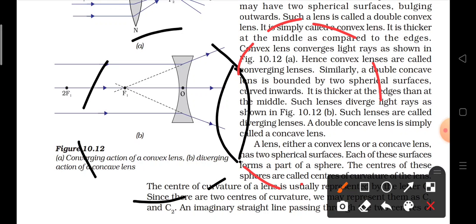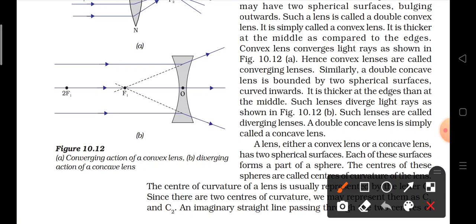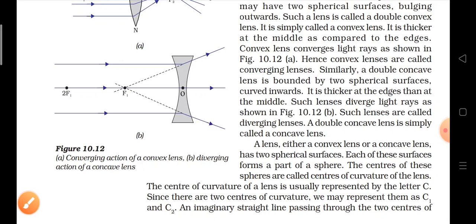They are both parts of an imaginary sphere, the curve A and the curve B. Is it okay? Each surface forms a part of a sphere. The center of these spheres is called the center of curvature.